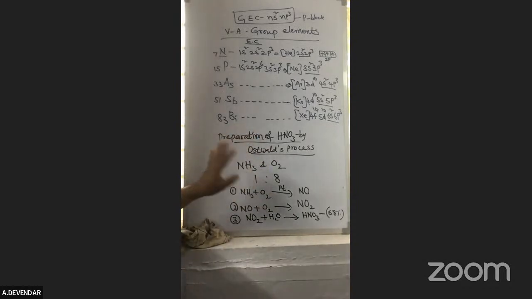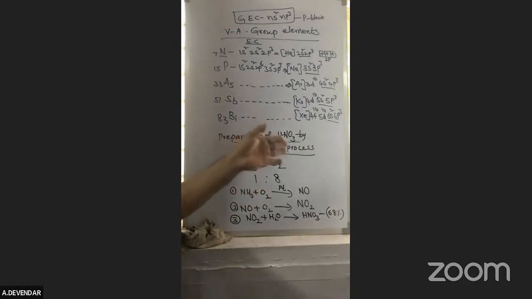This is the Ostwald process. It is a 10 marks question. Write the simple theory. In this Ostwald process, we take ammonia and oxygen as raw materials in a 1:8 ratio. First, in the catalytic chamber consisting of platinum gauze mesh, when the ammonia is passed through, it reacts with a partial amount of the oxygen, and you get nitric acid.